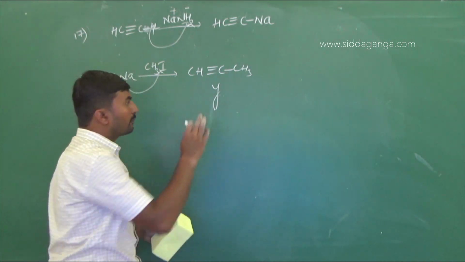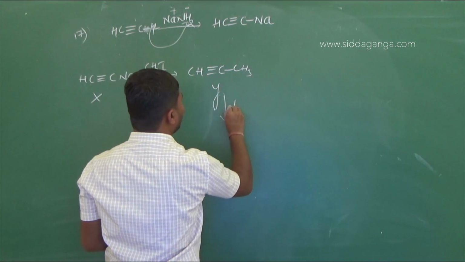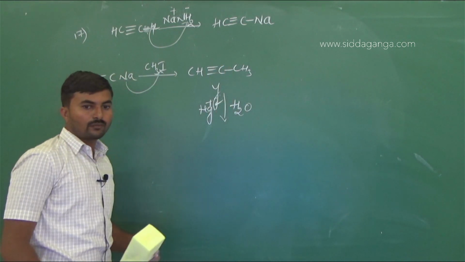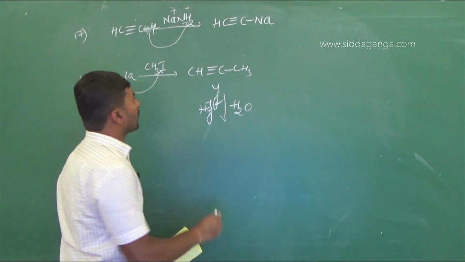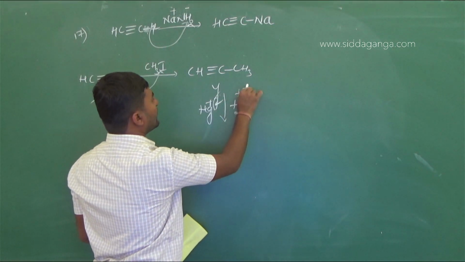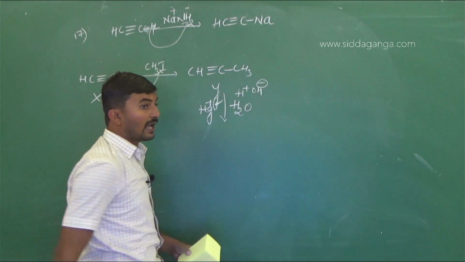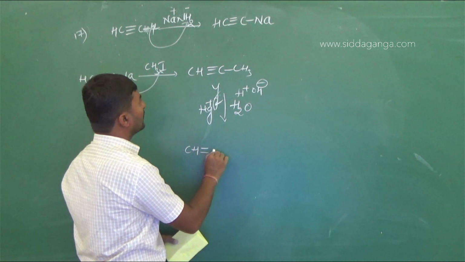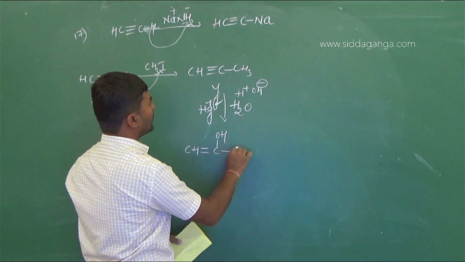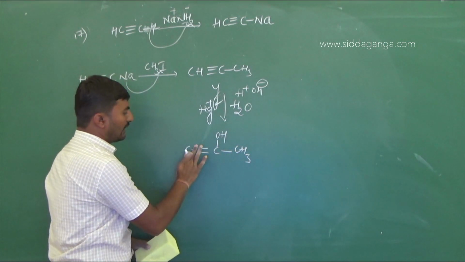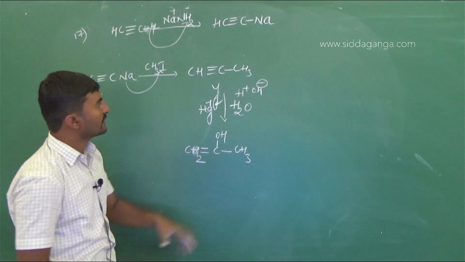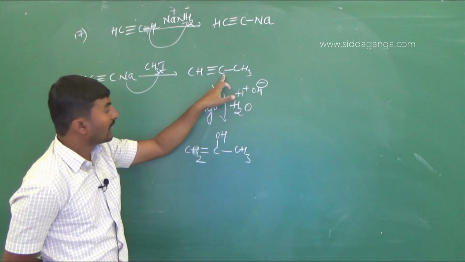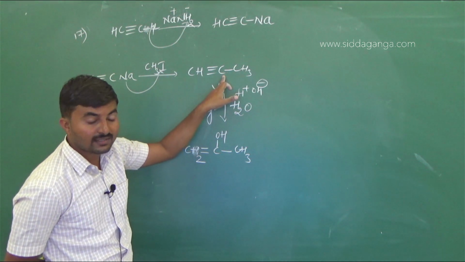So this particular Y product further undergoes hydrolysis in presence of acid, we are going to get H plus and OH minus. Here this reaction follows the Markovnikov's addition. After Markovnikov's addition, CH double bond C OH, it will become CH3 and it will become CH2, because the negative part of the adding molecule is added to the carbon atom containing fewer hydrogen atoms.